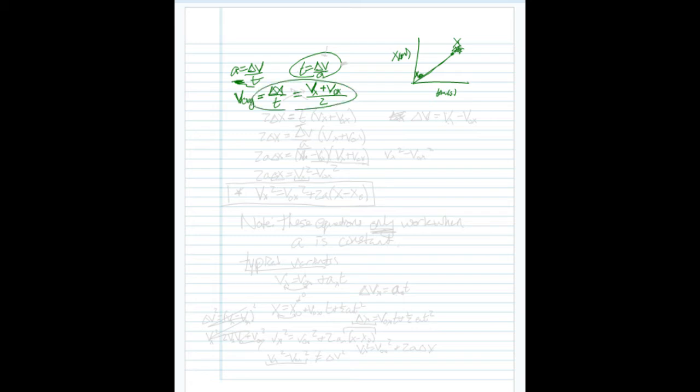Using this, we're going to go ahead and get started. I'm going to first start by cross-multiplying. So I get 2 delta x on one side, and I have t times vx plus v0x. Then I'm going to take this equation here and plug it in for t.